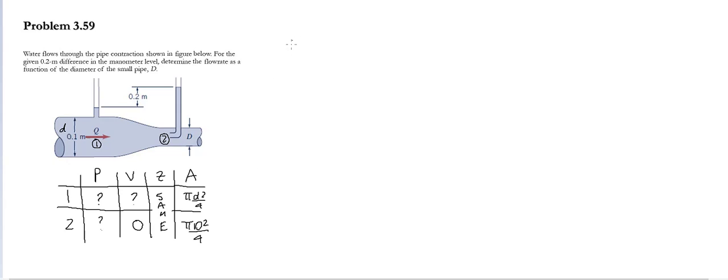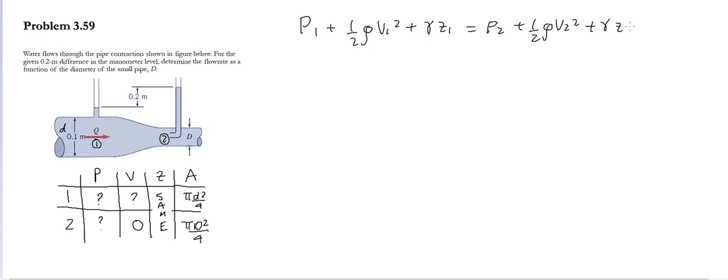Okay, so we're going to start by writing Bernoulli's equation between these 2 points. P1 plus 1/2 rho V1 squared plus gamma Z1 is equal to P2 plus 1/2 rho V2 squared plus gamma Z2. Then we cancel the terms that are 0.